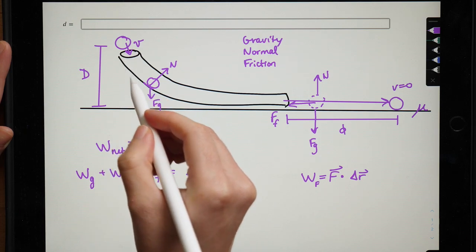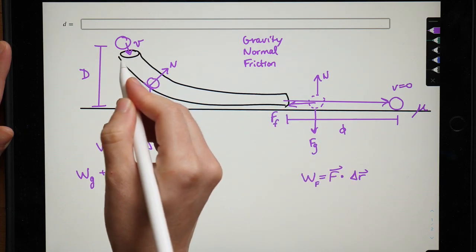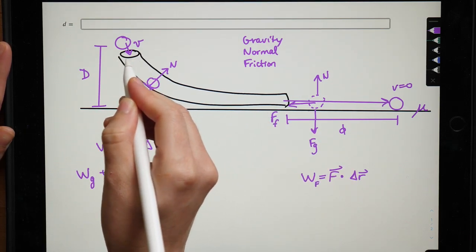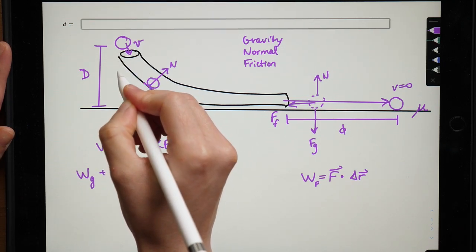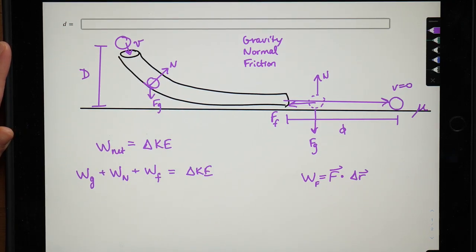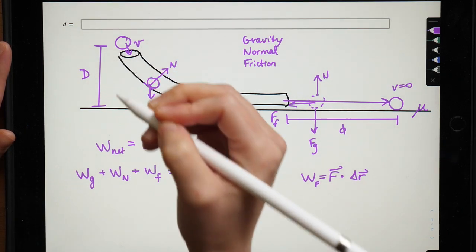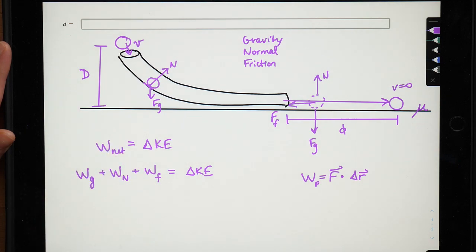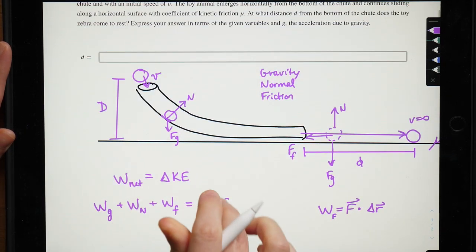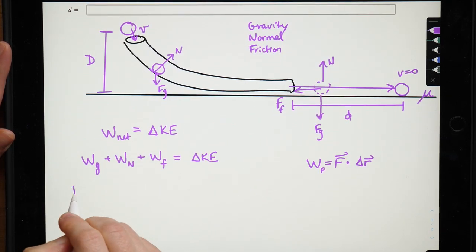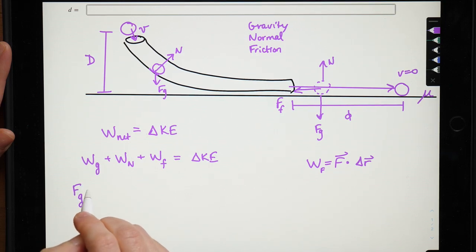If we consider the path of the zebra, whenever the zebra moves laterally, gravity does no work. But if the zebra moves up and down, gravity is doing work. So we just need the total amount that the zebra's gone up and down, and that total amount is d. So the work done by gravity is the force of gravity acting on the zebra times d.